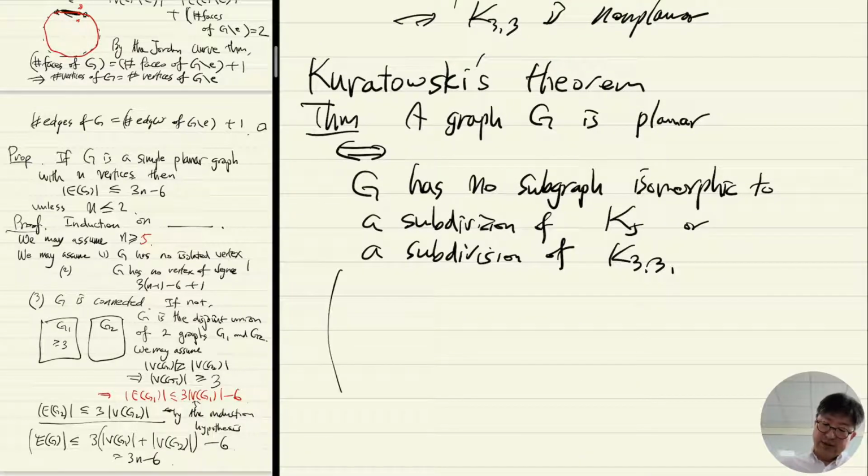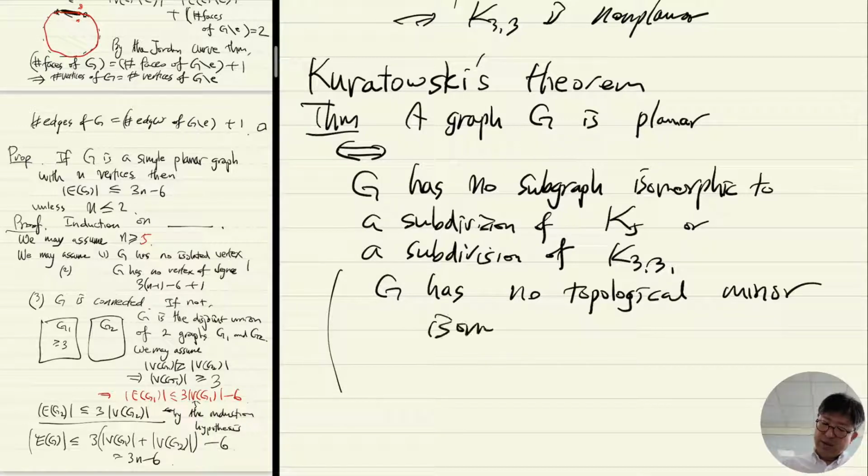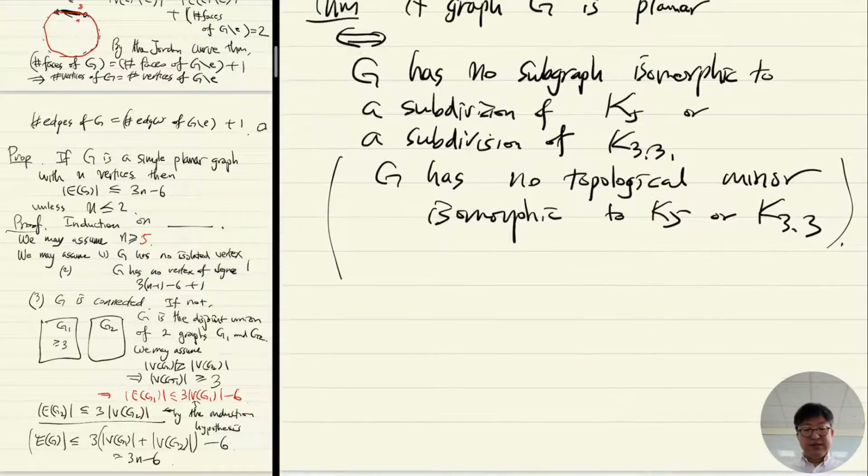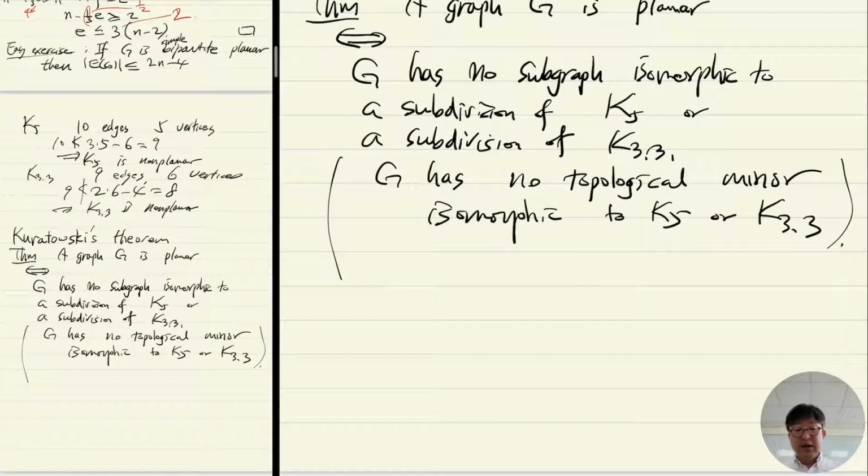In other words, G has no topological minor isomorphic to K5 or K33. So this is a characterization of planar graphs. On the left hand side, when you say a graph is planar, that means we have an embedding on the plane with no edge crossings.